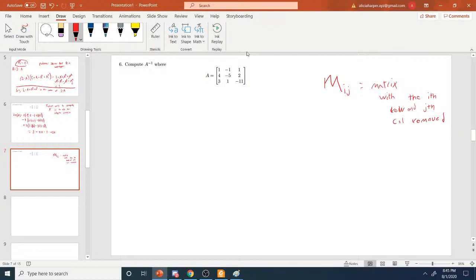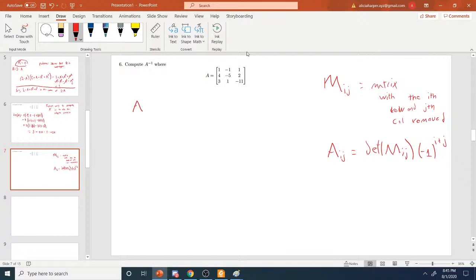And so what we're going to do is set Aij to be equal to the determinant of Mij times -1 to the i plus j. And if we compute all of these entries for differing i and j, we'll get the adjugate matrix.